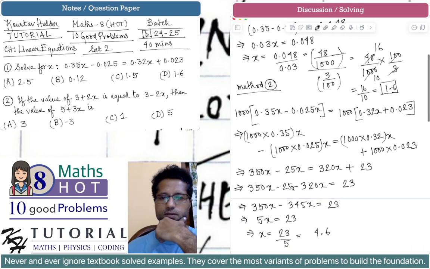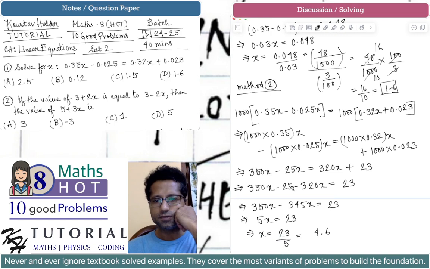Then we have 350x minus 25x is equal to 320x plus 23.